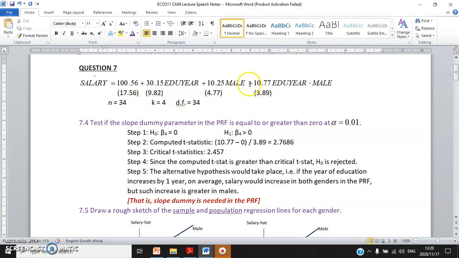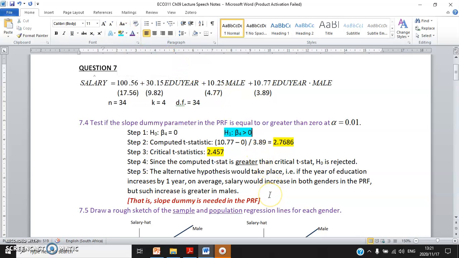Computed t-stat B4 hat 10.77 minus the hypothesized B4 value, which is 0, divided by standard error of B4 hat 3.89. This is my computed t-stat, 2.7 something. And then the critical t-stat 2.457, and this time the computed t-stat is greater than the critical t-stat. So we reject the null hypothesis, meaning the alternative hypothesis is more likely to happen.